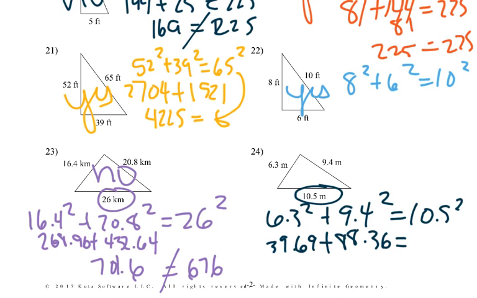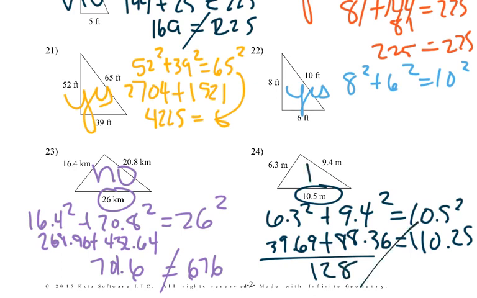And then 10.5 squared is 110.25. Okay, so does this add up to 110? Don't believe so. Nope, it's 128.05. So they are not equal at all.